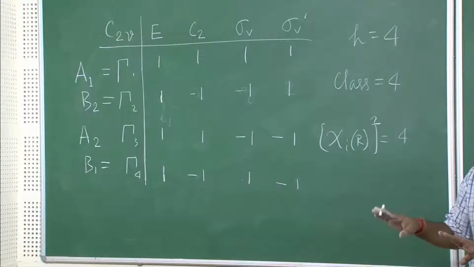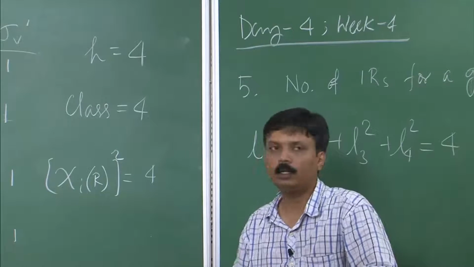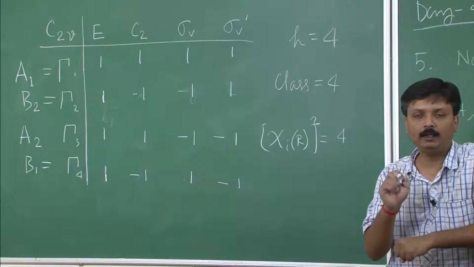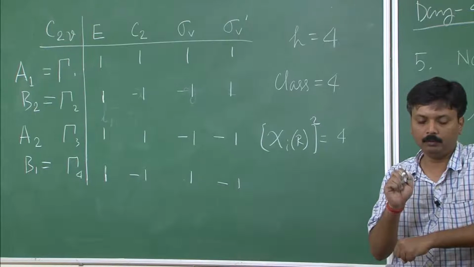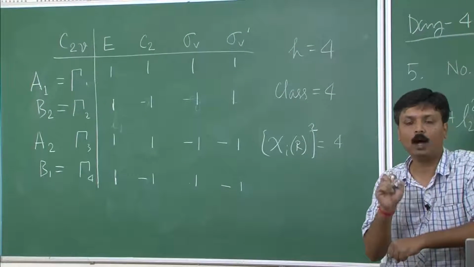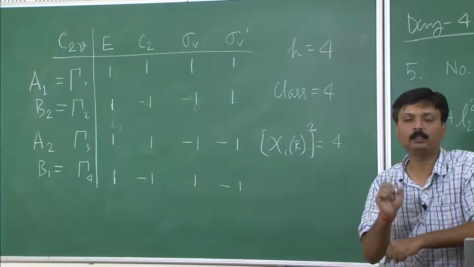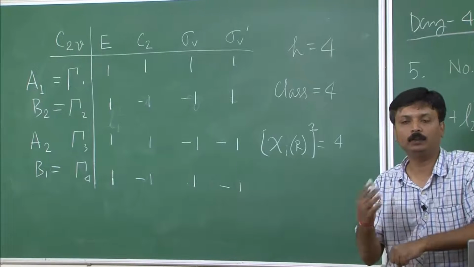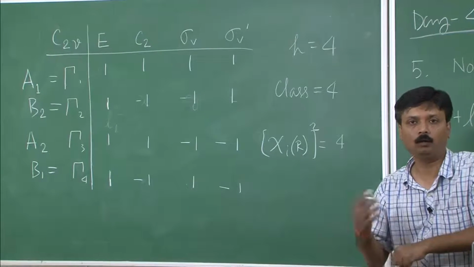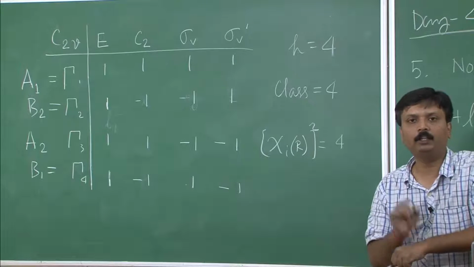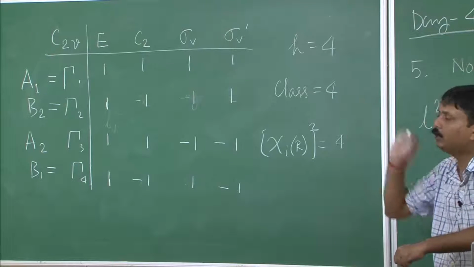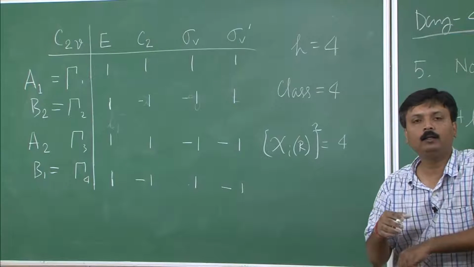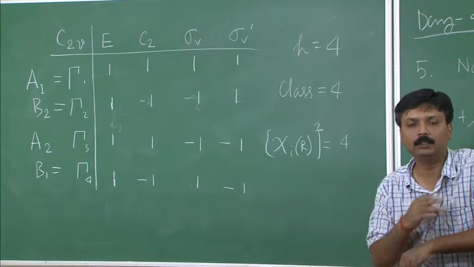Now about area 2 and area 3, that also one can easily verify. All you have to do is take these functions, say x, y and z, or Rx, Ry, Rz, or on the other side xy, xz, x squared, and individually operate all the symmetry operations belonging to C2v, and you generate the representations.